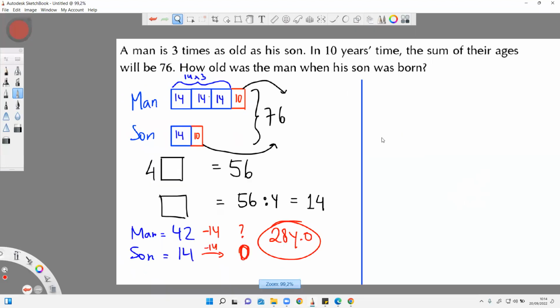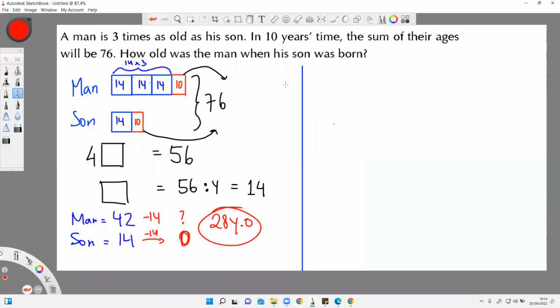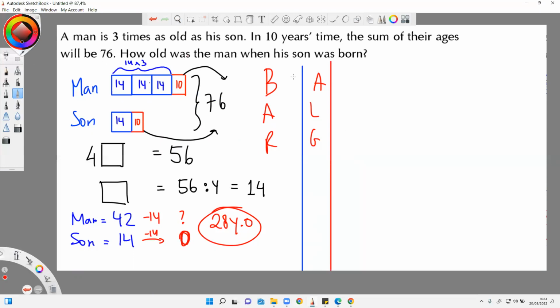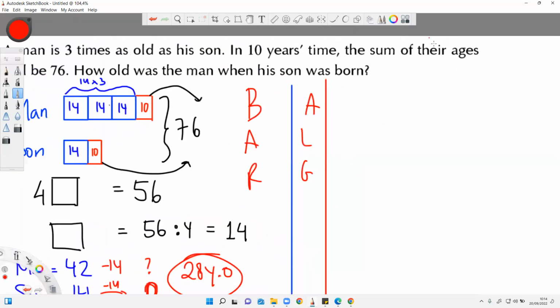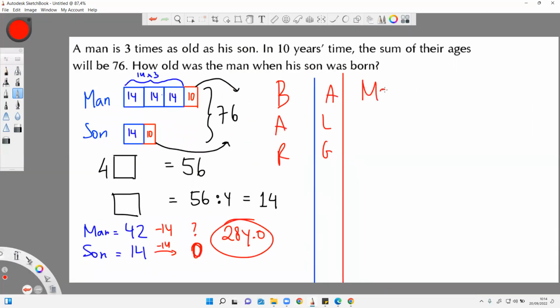Now we try to use the algebraic model. So left is the bar model. Now we do the algebra. How do you do the algebra? Again, we don't use any drawing. We use letters. A man is 3 times as old as his son. So we have two persons here, man and son.